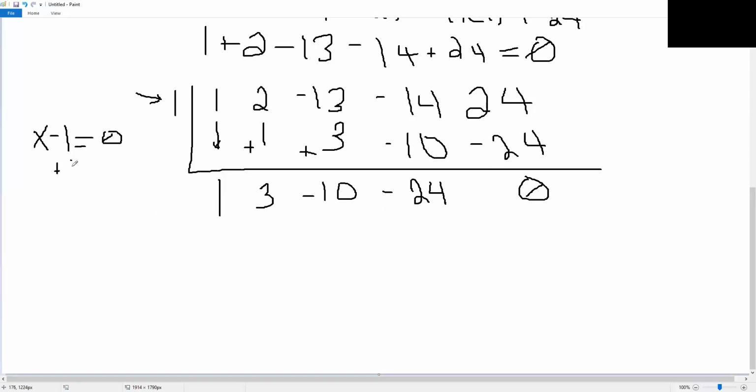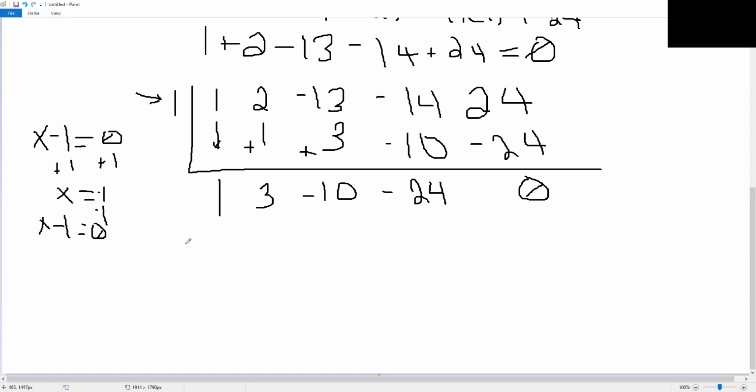So we'll add 1 to both sides and x equals 1. So I wanted x to equal 1, so I reversed this process. I moved x back over. So essentially I said negative 1, and then x minus 1 equals 0. That's where I got that from.